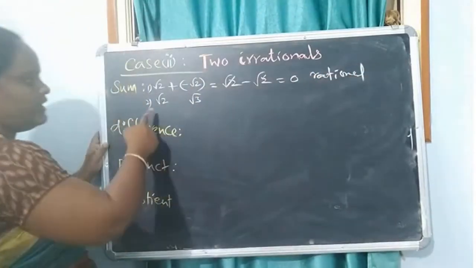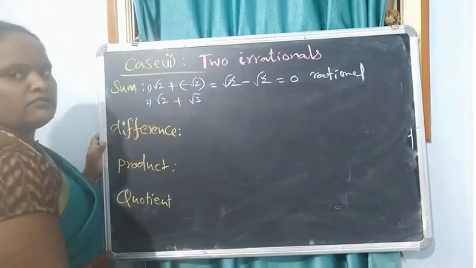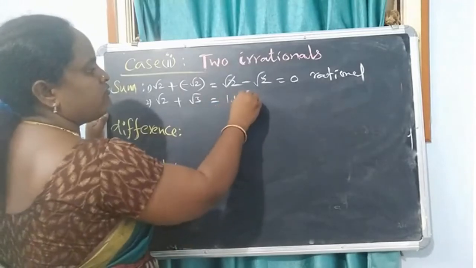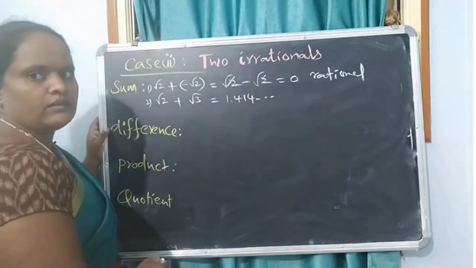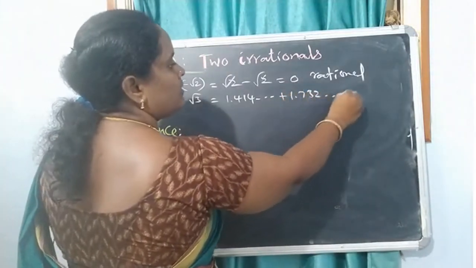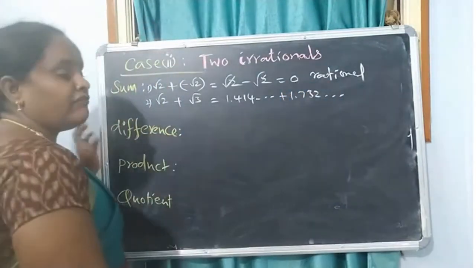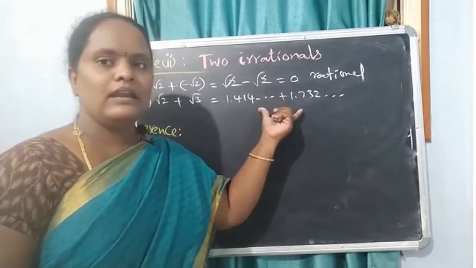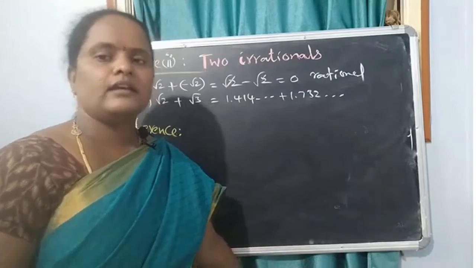Now if I take the other example, root 2 and root 3, if I find their sum, what is the answer? Root 2, by the long division method we have found, is 1.414 and so on, a non-terminating, non-repeating decimal. Root 3 is also a non-terminating, non-repeating decimal, that is 1.73 and so on. Remember, if we add, subtract or multiply two non-terminating, non-repeating decimals, we get a non-terminating, non-repeating decimal only.